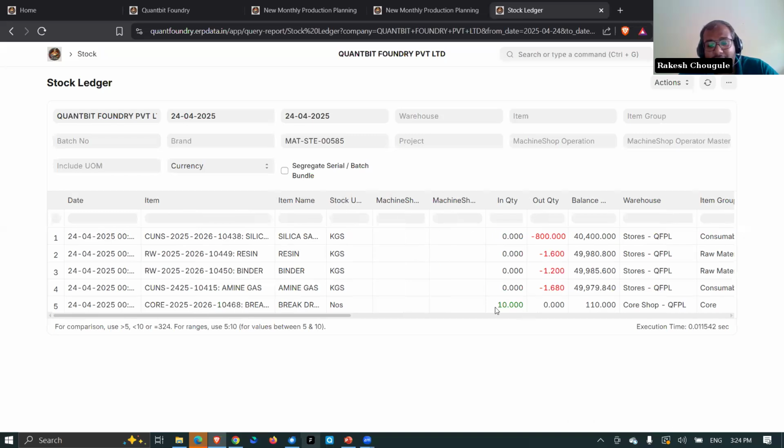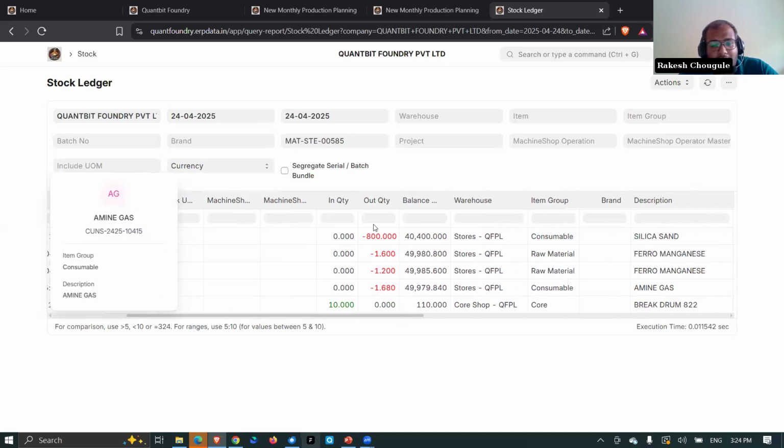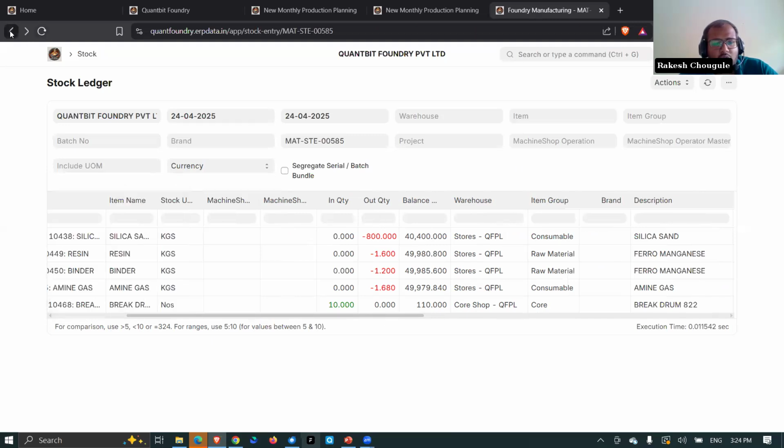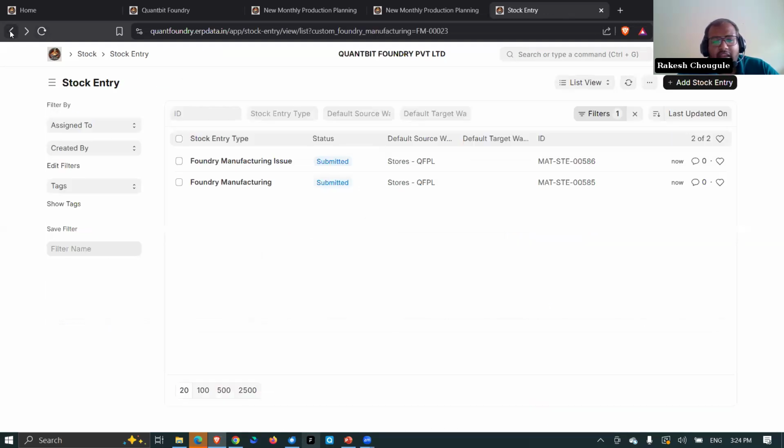Now this is available at the melting stage or pouring stage or molding stage, and raw material is consumed. So we get real-time inventory tracking, real-time consumption, and its financial impact also.